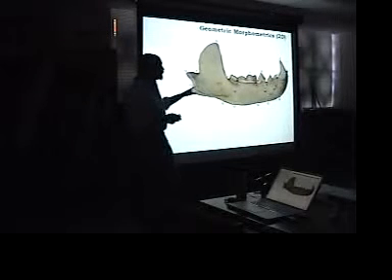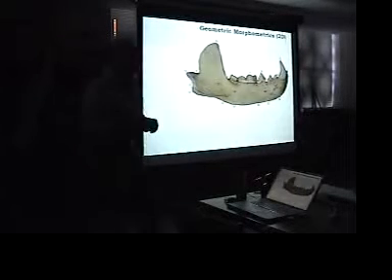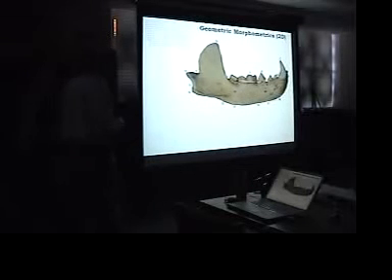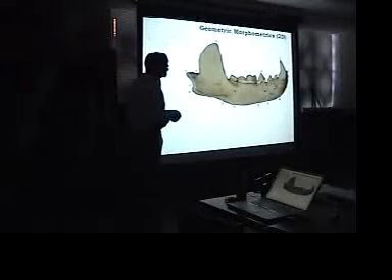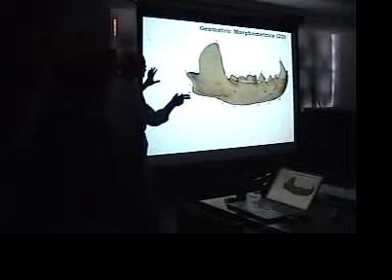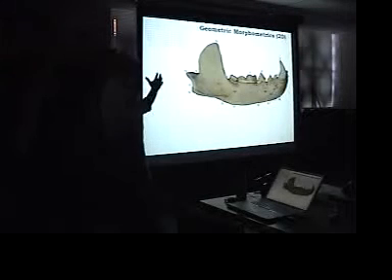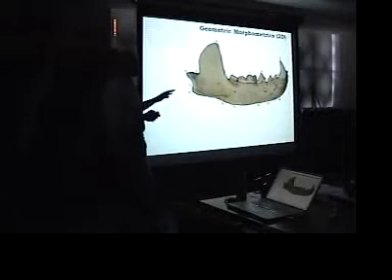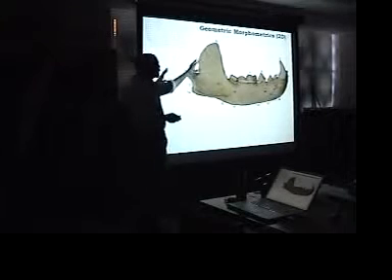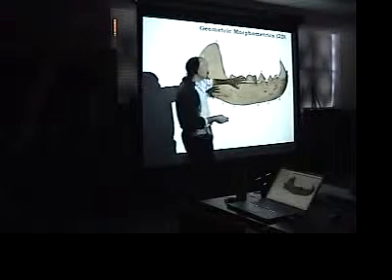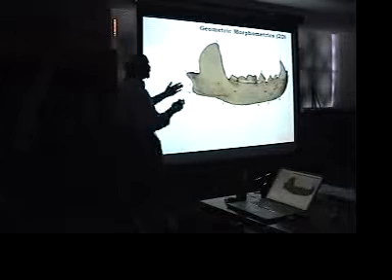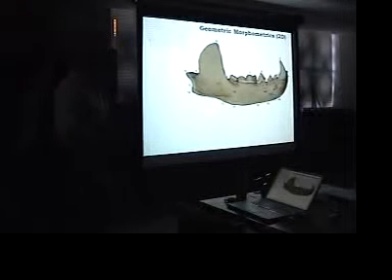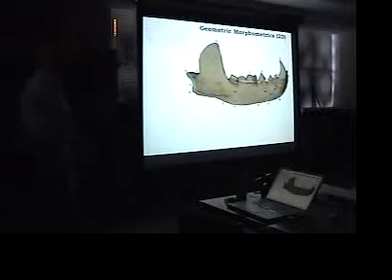It's modular in its construction, but it's a single bone in the mammal, and in that sense, it's unlike the cranium, which is a much more complex structure. It's a neat structure to study, and it's very amenable to 2-dimensional analysis because it's relatively flat, and you can face the camera at the proper angle, and you can get a good 2-dimensional view of it, which is more difficult with some other structures.